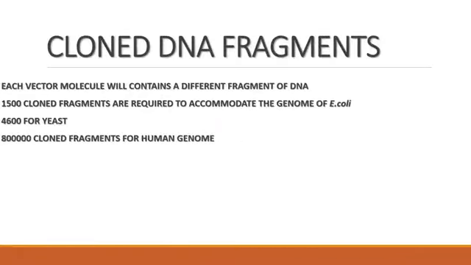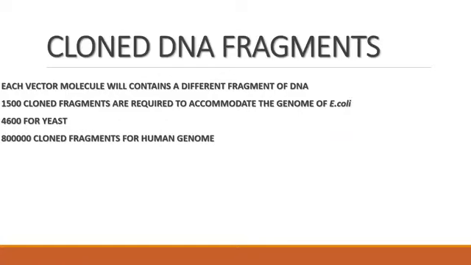Now, if we say the entire genome has been broken up into pieces, like if we talk about Escherichia coli, Escherichia coli is a bacteria. The whole DNA of Escherichia coli will need 1500 cloned fragments to accommodate the genome.